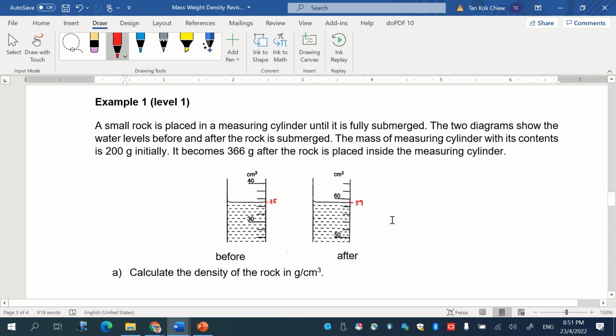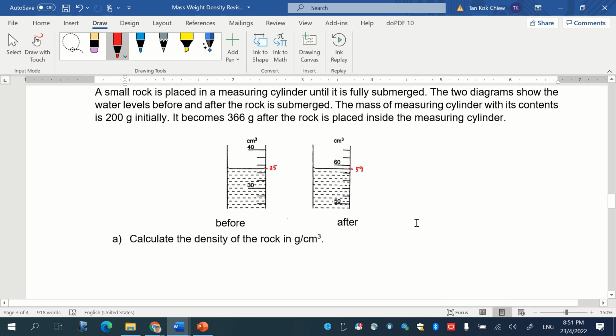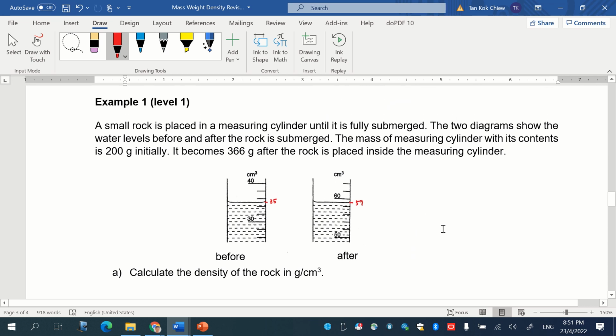A small rock is placed in the measuring cylinder until it is fully submerged. That means the rock sinks to the bottom. The two diagrams show the water level before and after the rock is submerged. The mass of the measuring cylinder with its content is 200 gram initially.